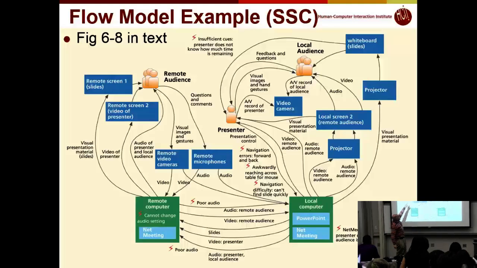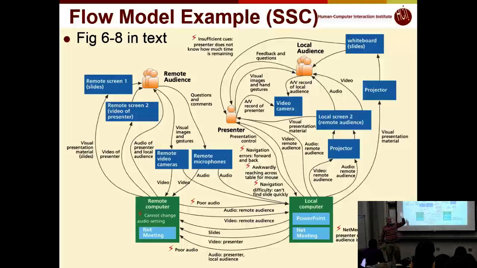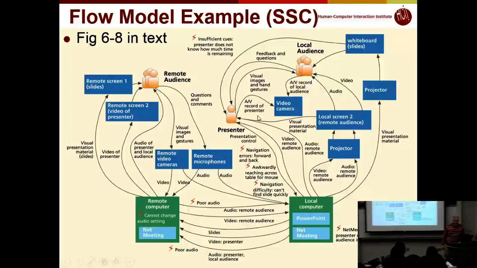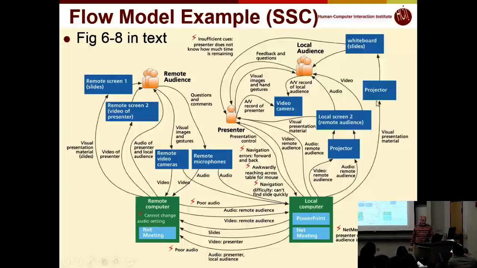Oh, this is for the remote audience, the conference room situation. So here's the presenter in the middle, and he's interacting with whiteboards and the projector and the video camera and screens and another projector. So there are all these physical things, and that's why they're boxes that he has to interact with. There's a local computer, which is running some software, and there's a remote computer.